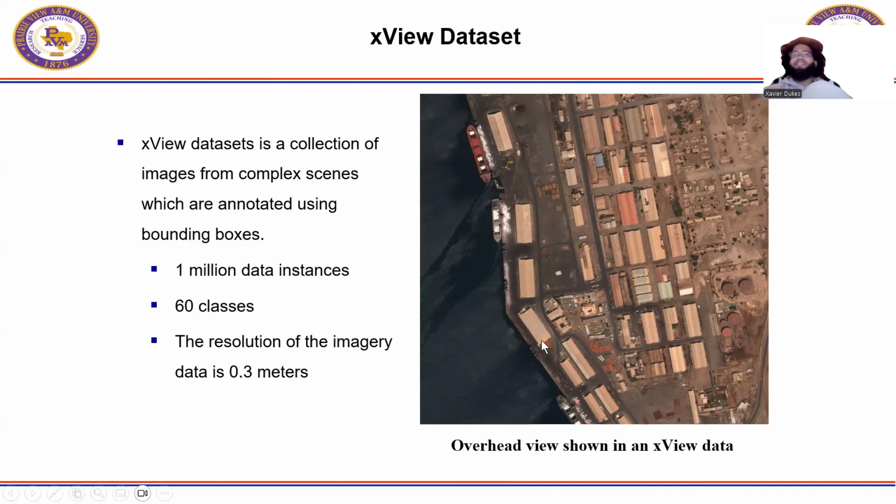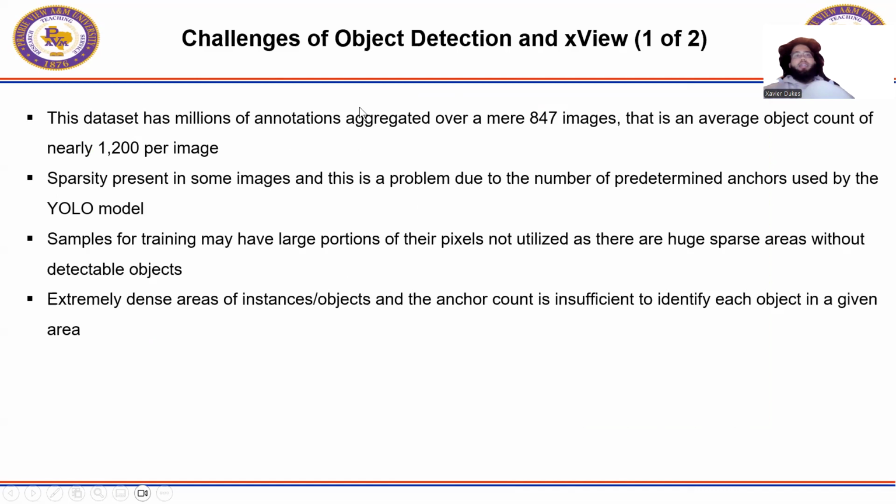These images are usually very dense with instances. The data set has millions of annotations, again, over a mere 847 images. This is an average object count of nearly 1,200 instances per image, and often is higher just because some images are incredibly sparse and only have 1 or 2 objects in them.